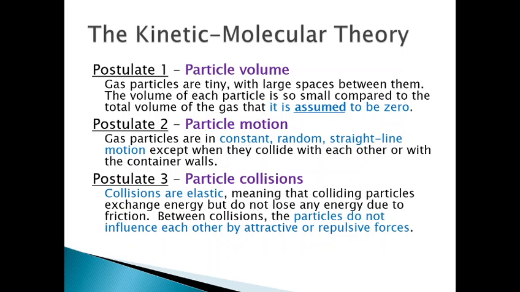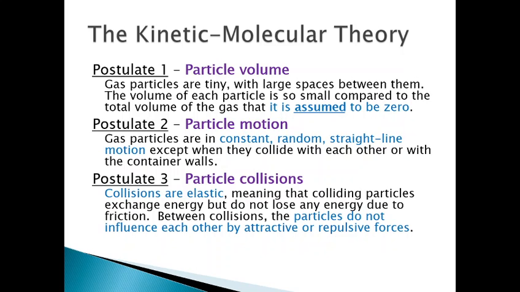And so postulate 1 just states the fact that it is safe for us to assume that the overall volume of the gas is going to be so large compared to the individual gas molecules' volumes themselves that we just assume that these gas molecules have a volume of 0. But please, again, you have to understand this is just a rule that we set up for all of our other calculations to work.